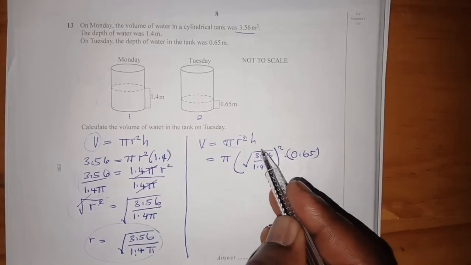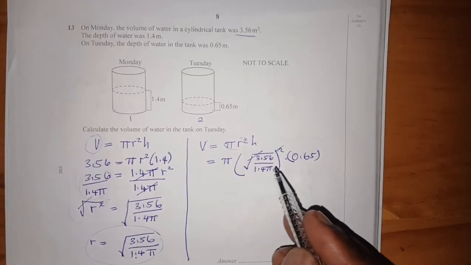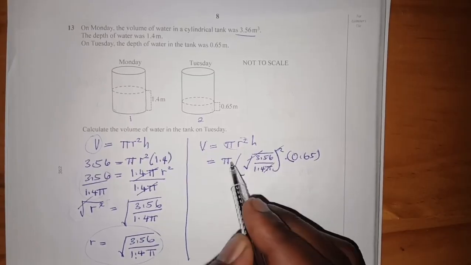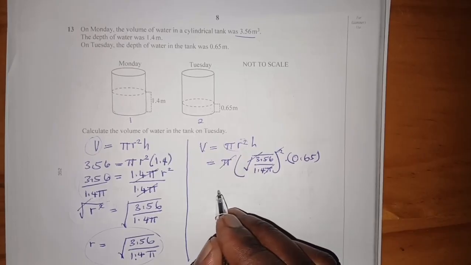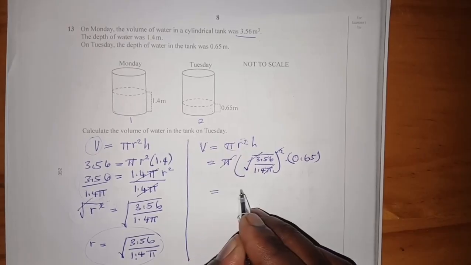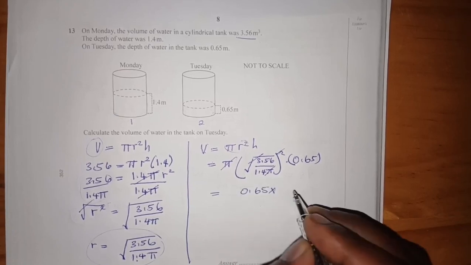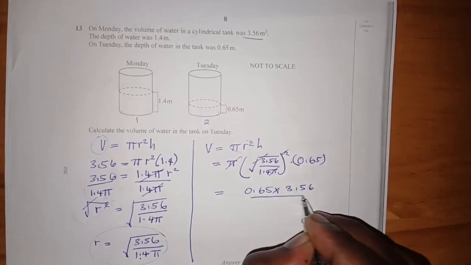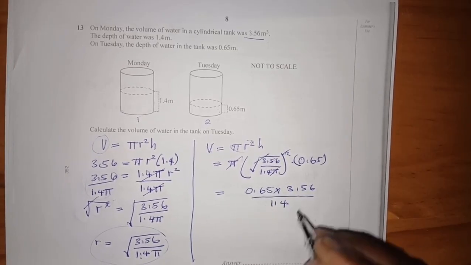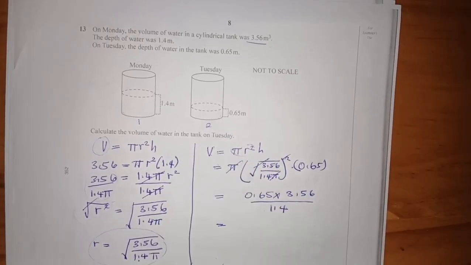Now notice that this one and this one will get cancelled out. Similarly, this one and this one will get cancelled out. And then you will be left with 0.65 multiplied by 3.56 all over 1.4. And this is going to give you the volume.